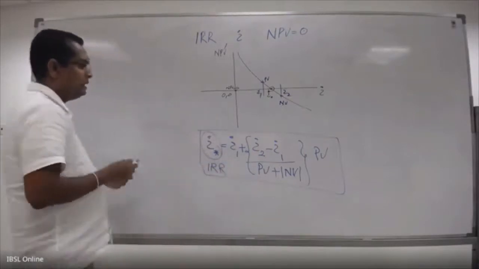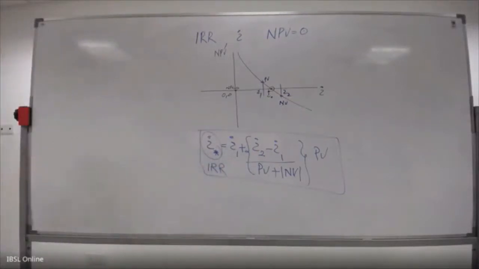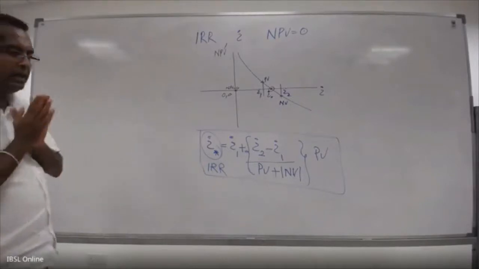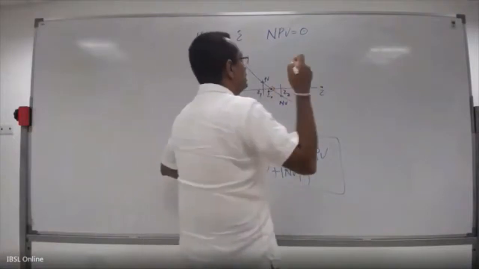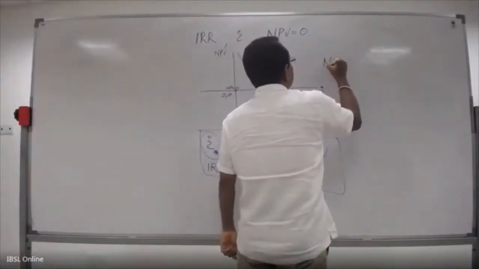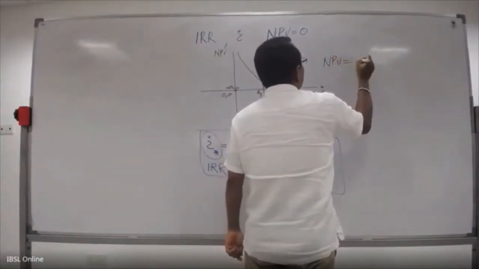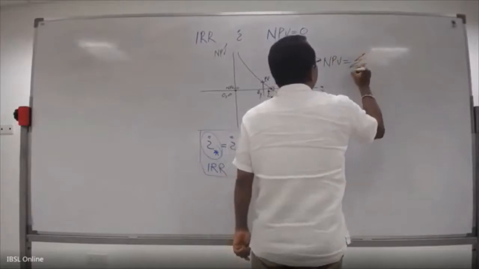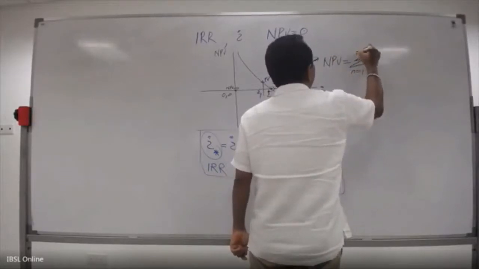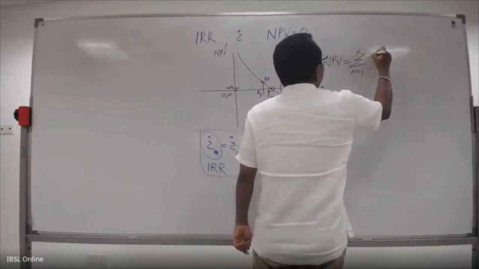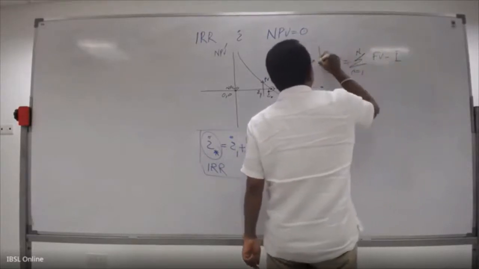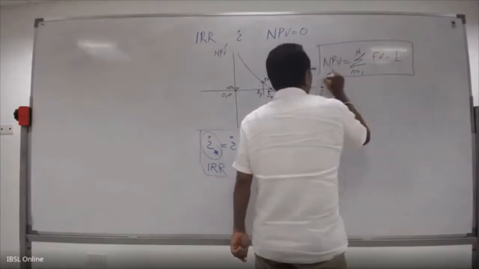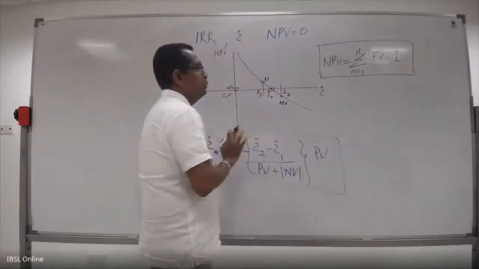internal rate of return. In order to find the internal rate of return, you need to use net present value equals sigma n future value minus investment. This formula you use a minimum of 2 times or more.